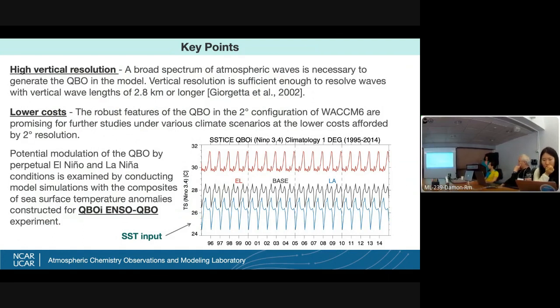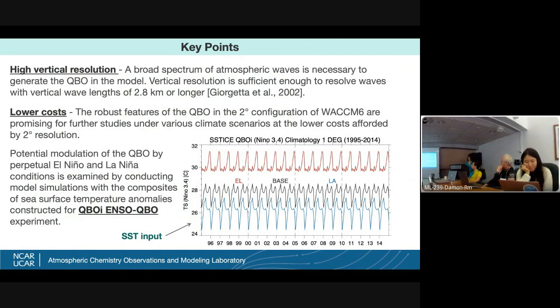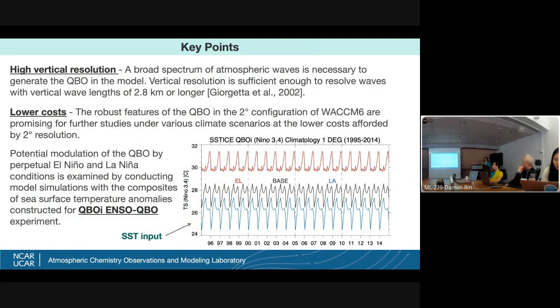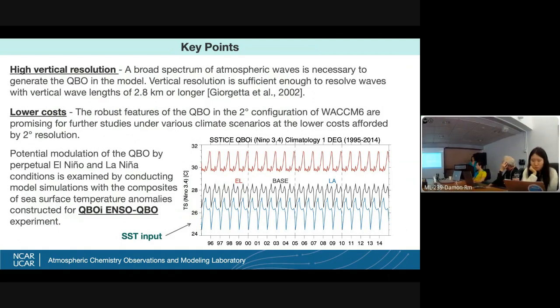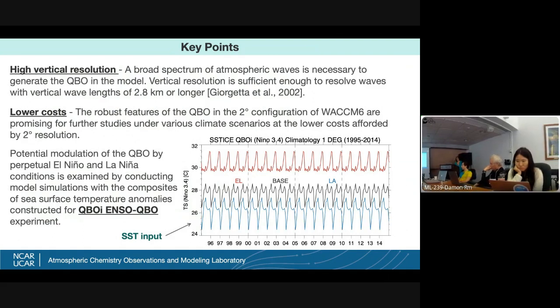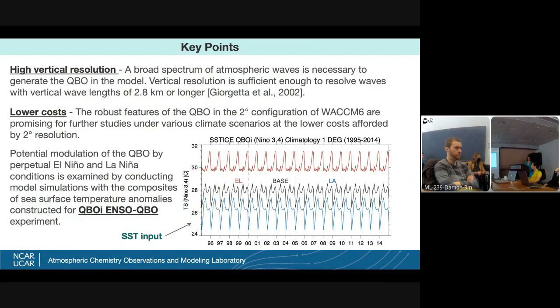When this happened in 2018, a number of modeling groups tried to look at how ENSO modulates the QBO. This plot shows just the SST input over the Nino 3.4 region. During perpetual El Nino, the seasonal cycle repeats as El Nino conditions, and La Nina's lower SST repeats the seasonal cycle.